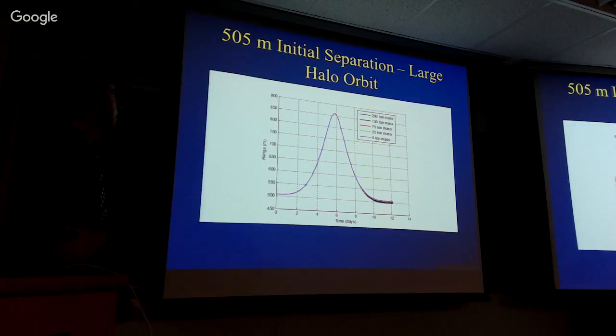So this figure shows the range from the spacecraft to the asteroid over a period of about 12 days, which is one orbital period.